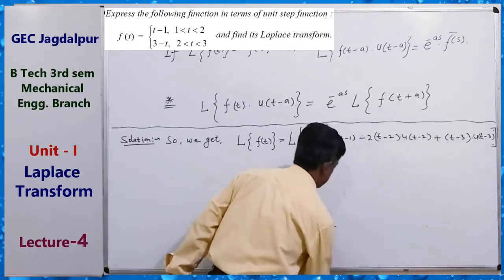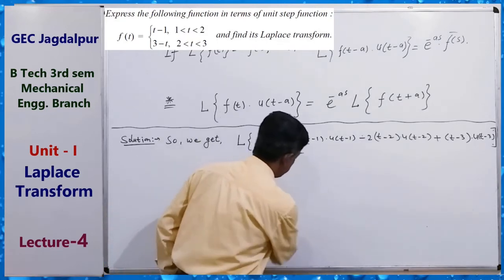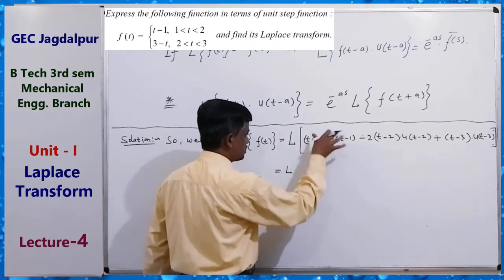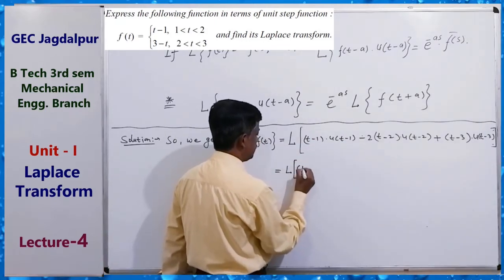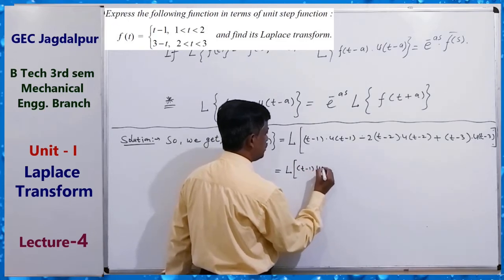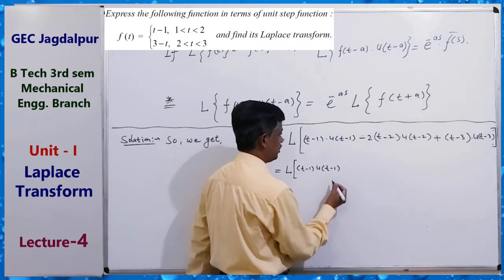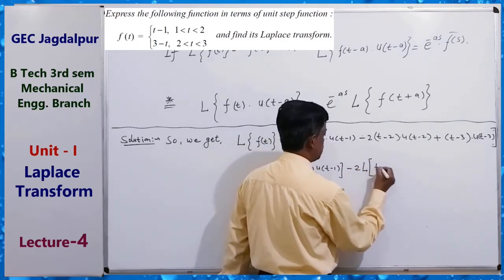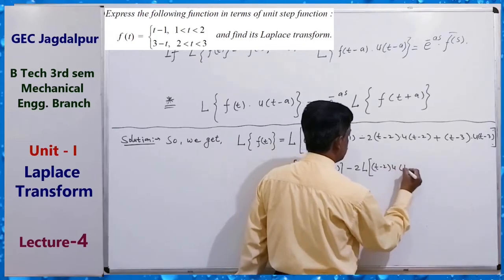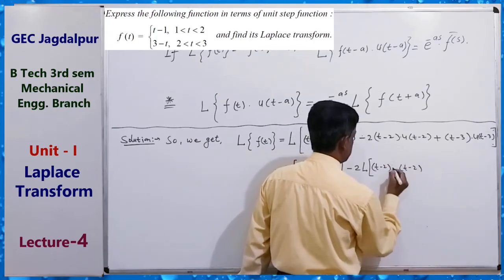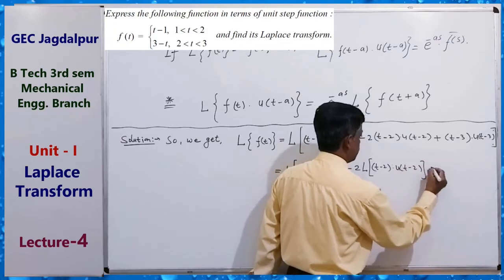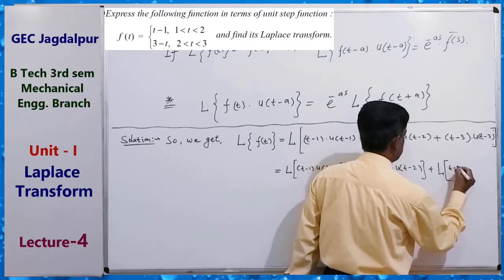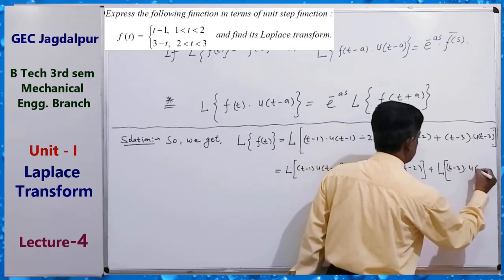So by the linearity property, we can write it like this: Laplace transform of the first part, (t minus 1) u(t minus 1), minus the constant 2 times the Laplace transform of (t minus 2) u(t minus 2), plus the Laplace transform of (t minus 3) u(t minus 3).